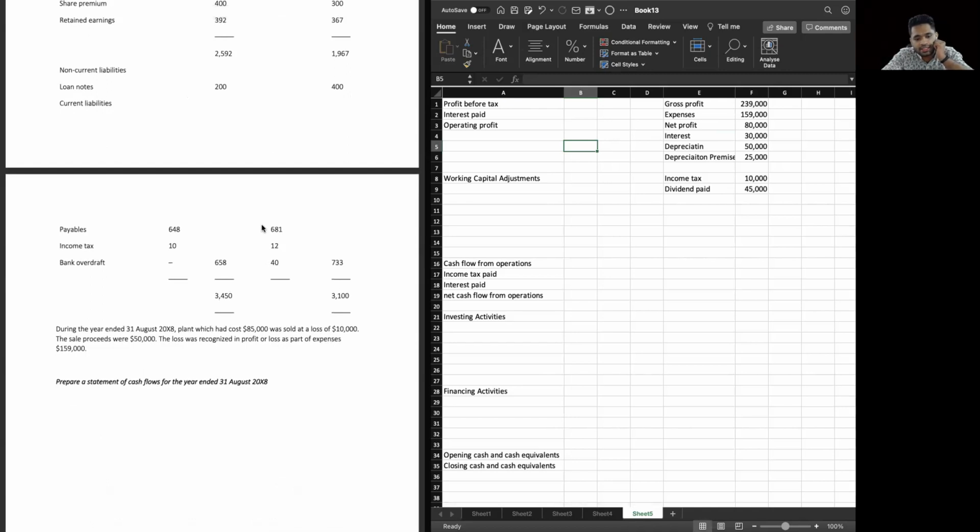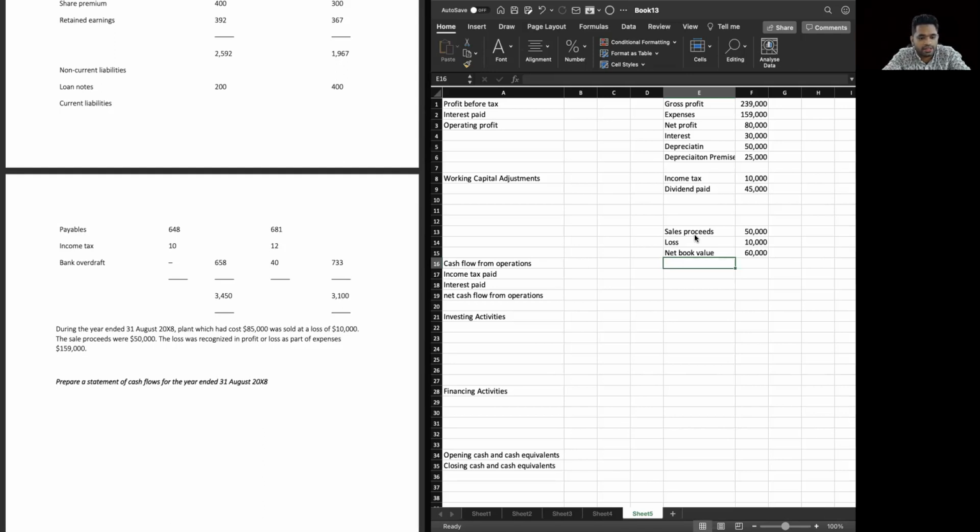During the year ended 31st August 2008, plant which had cost 85,000 was sold at a loss of 10,000. The sales proceeds were 50,000. We have had a loss of 10,000. So the net book value of the asset should have been 60,000 if you had a loss of 10,000.